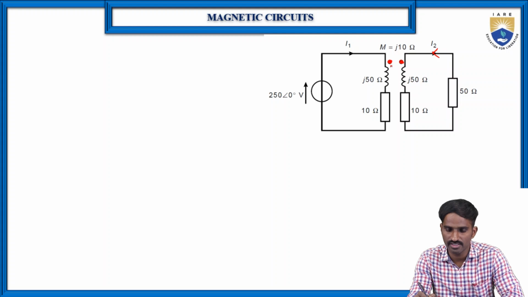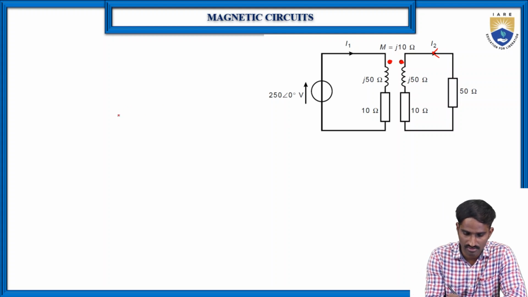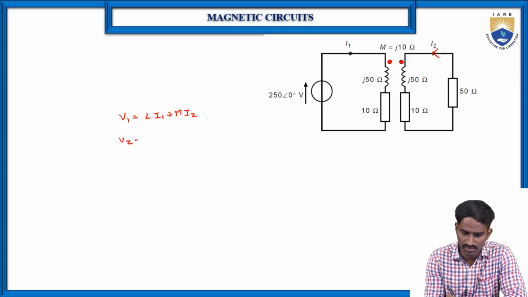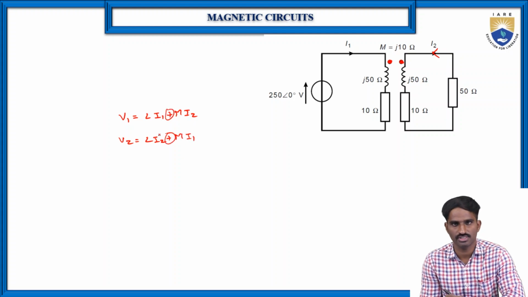That's why the equations are V1 equals L into I1 plus M into I2, and similarly V2 equals L into I2 plus M into I1. So here we are getting the positive sign.